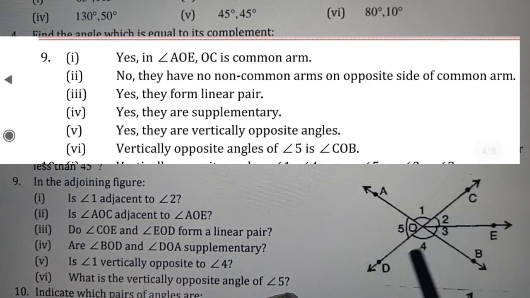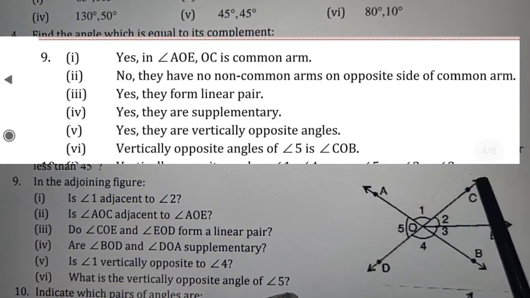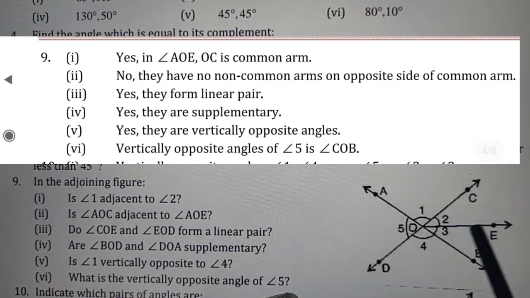This is a line in opposite directions, so do we get a linear pair or not? As you know very well, what is a linear pair? It is where the lines are opposite to each other with a common arm. You see, the total sum is 180 degrees. So this is a linear pair. Yes, angle 2 and angle 3 plus 4 make a linear pair. So the answer to the third is yes.